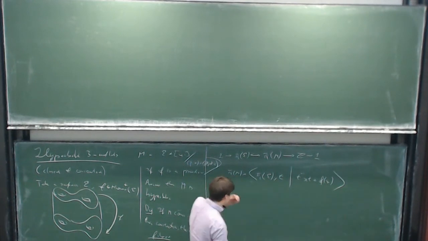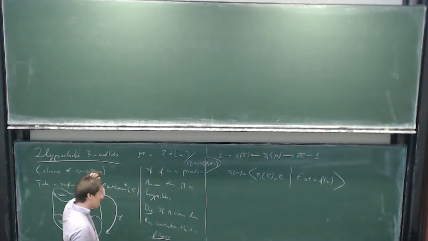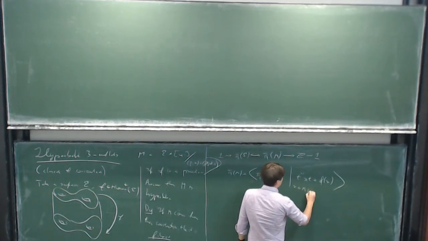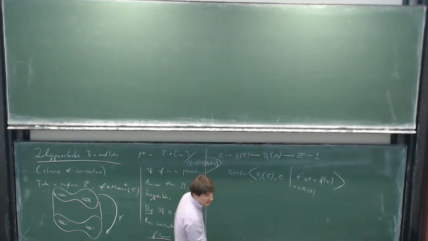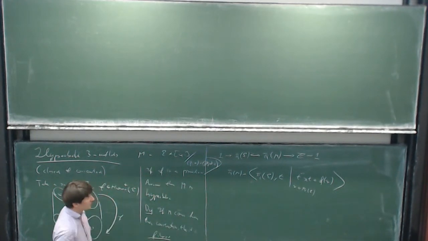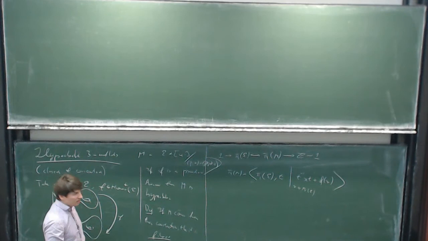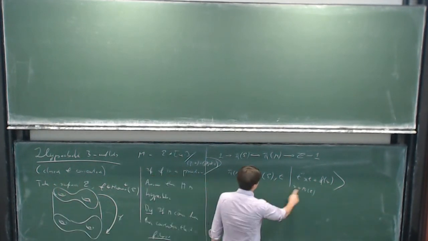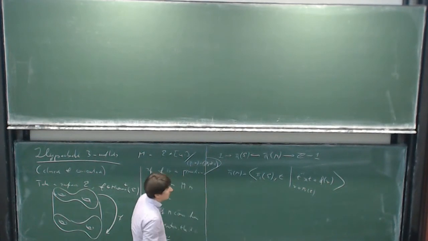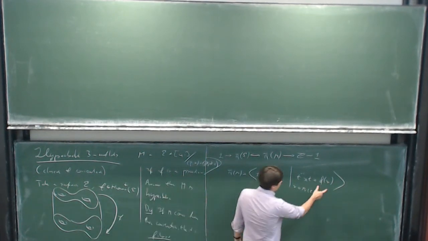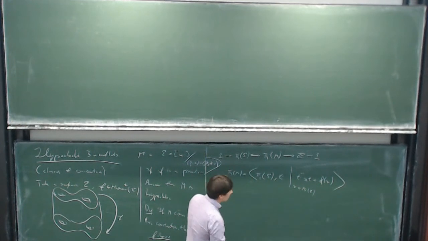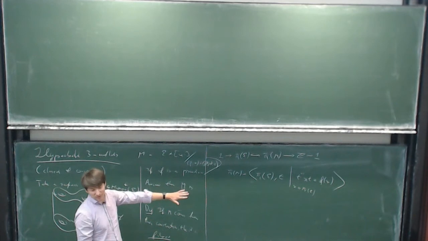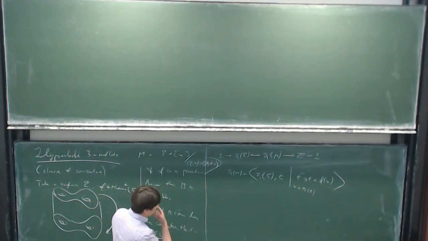What is f of x? x is an element of the fundamental group of the surface, so it's really a loop. If you hit a loop with a homeomorphism, you get another loop. It's a well-defined conjugacy class, but it so happens that this construction doesn't depend on which representative. So you can modify this automorphism of pi1 of sigma by a conjugation and it doesn't change anything. So this is what the group level says.